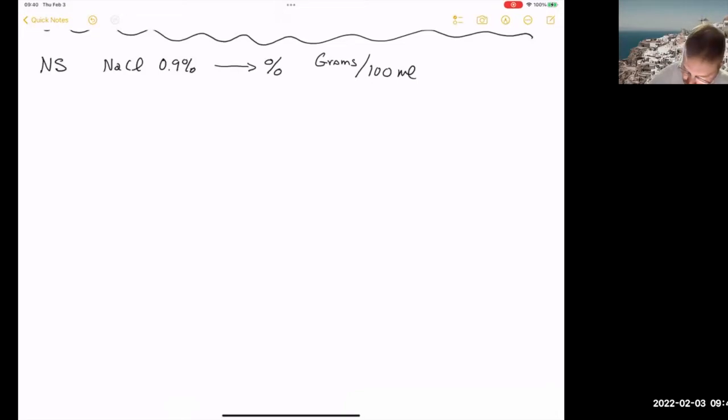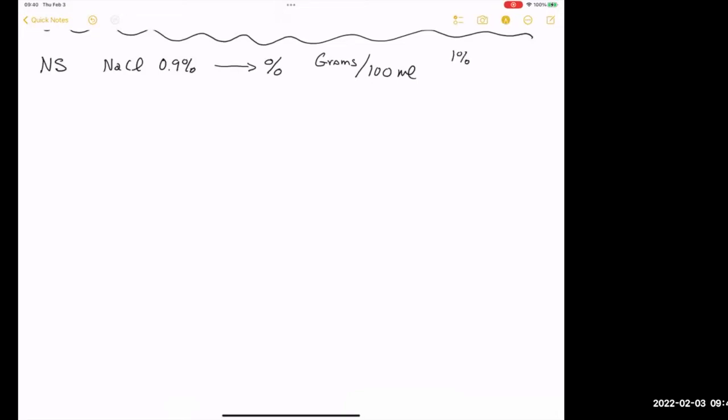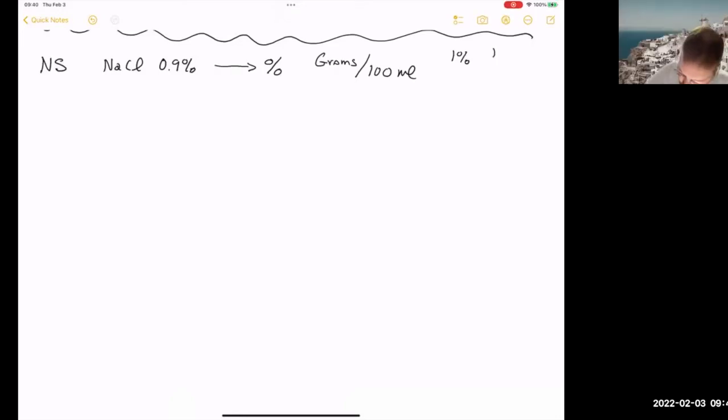So if you have a drug that's 1%, a 1% concentrated drug, that should mean that there would be 1 gram of that drug dissolved in every 100 milliliters. That's what 1% is. 10% would be 10 grams in 100 milliliters, right? So if you administer, say, dextrose, D50W, for example, right? 50% dextrose, there would be 50 grams of dextrose in every 100 milliliters, right?